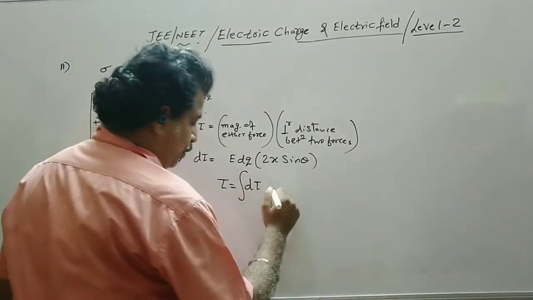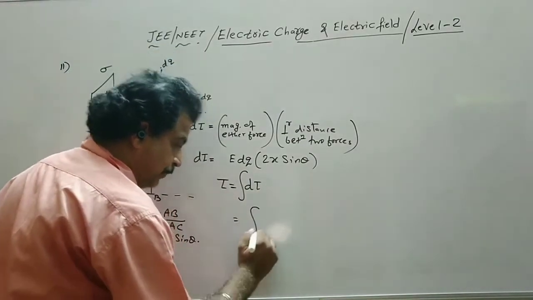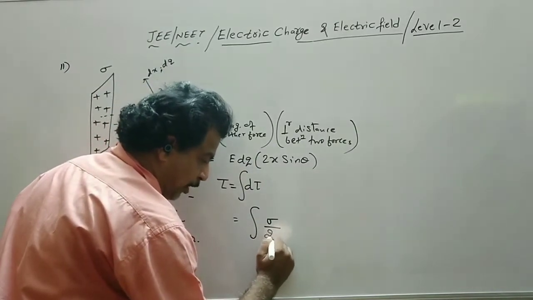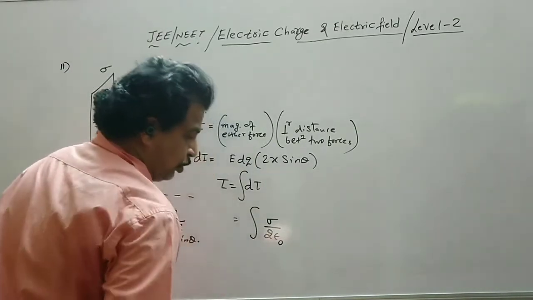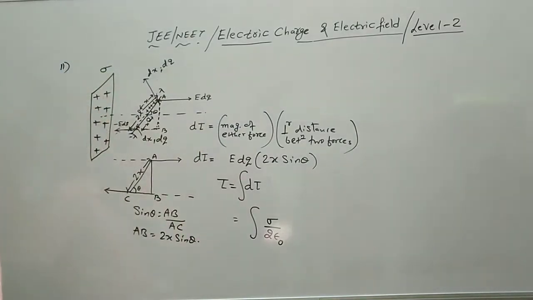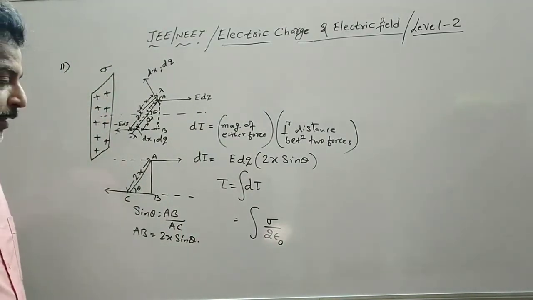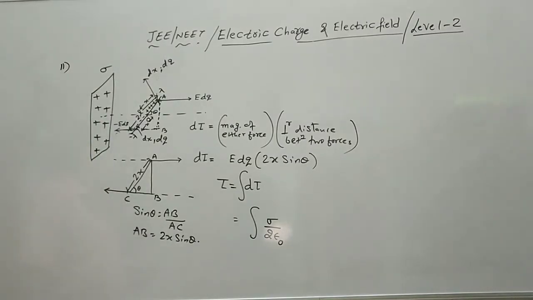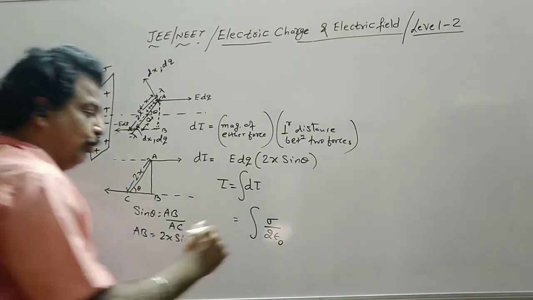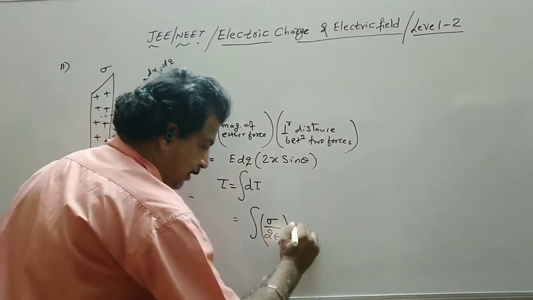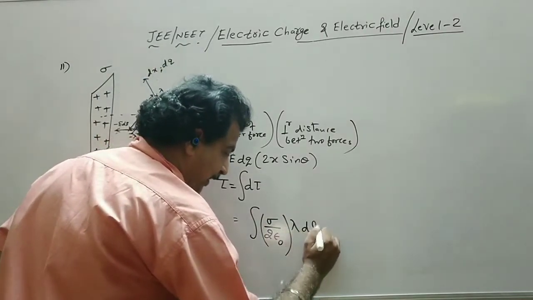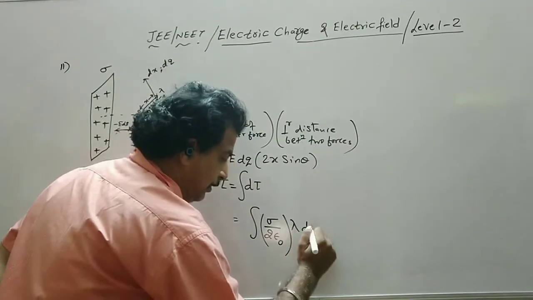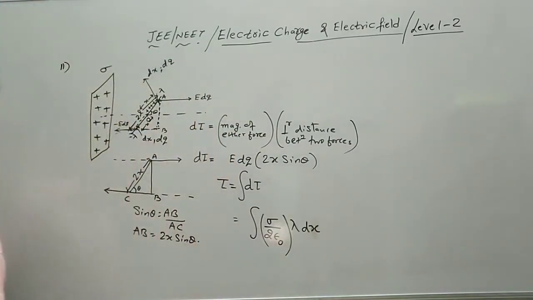So we substitute that value in the place of E, it is sigma upon 2 epsilon naught, that is the electric field intensity due to the plane sheet. dq can be written as lambda into dl, or in this case the length of the element is dx, so dx.